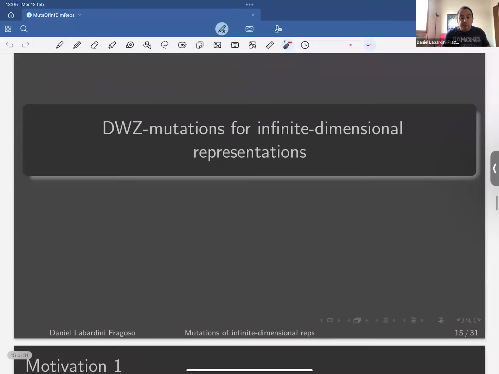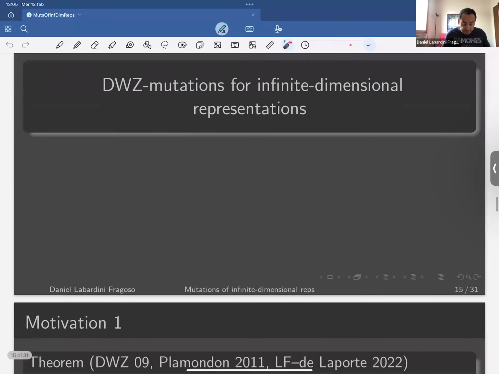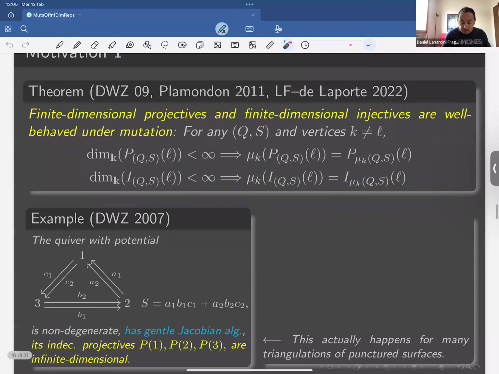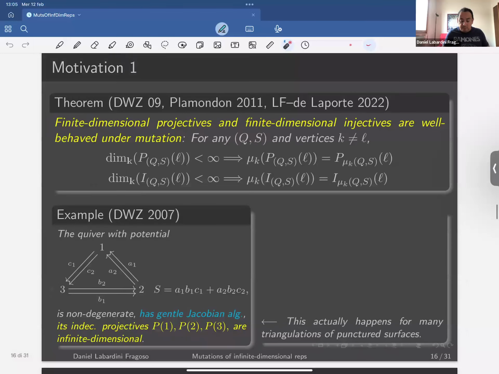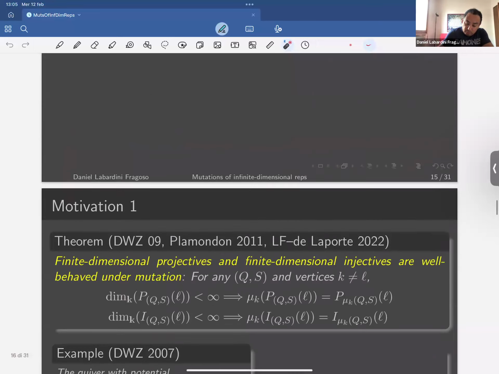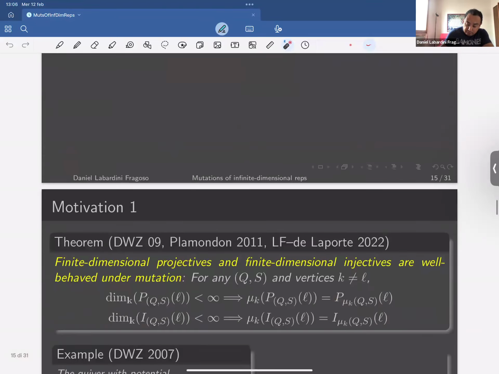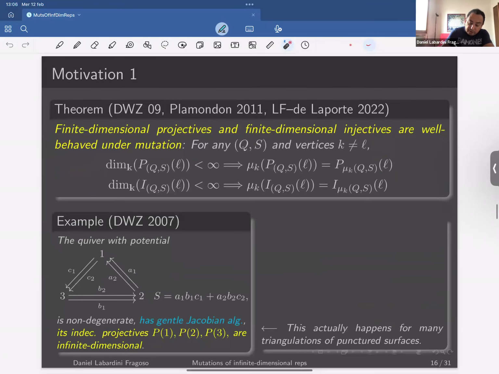Now, mutations for infinite dimensional representations. First, why would one be interested in being able to mutate those? The first reason is that, as was just hinted here, the mutation of P3 was P3. This is something that holds in general for finite dimensional projectives and injectives.